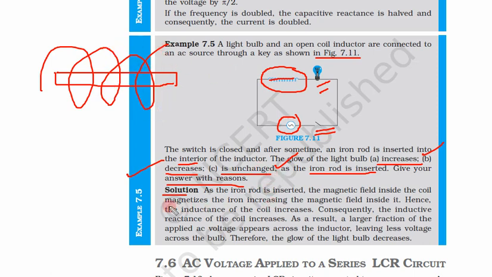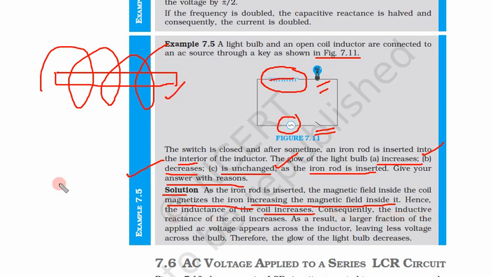So what will this do? This will increase the magnetic field inside the coil. The insertion of the iron rod will increase the magnetization inside the coil. Hence the inductance of the coil will also increase.